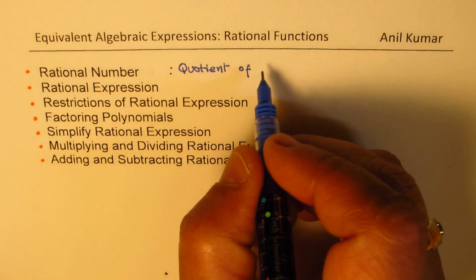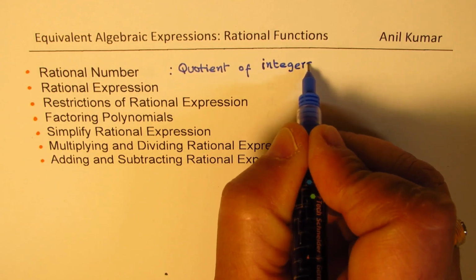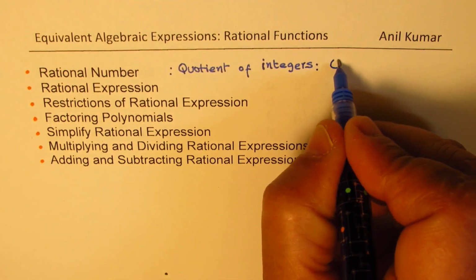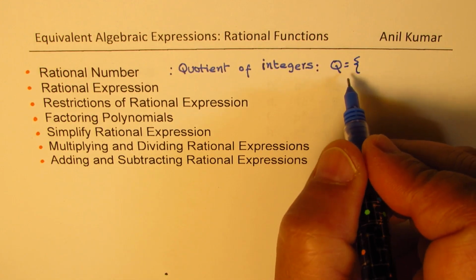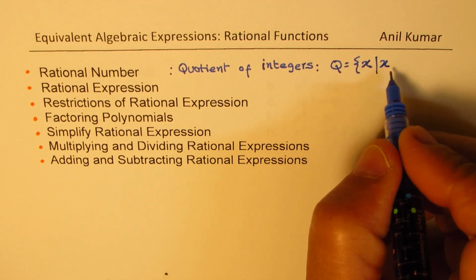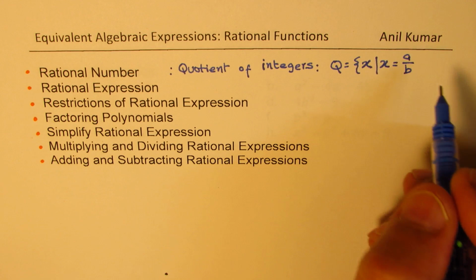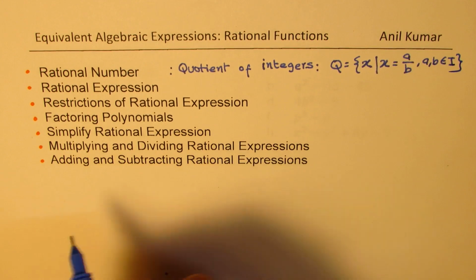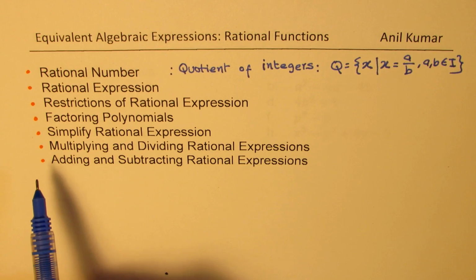So you can say that the set of rational numbers Q is the set of all numbers x of the form a over b, where a and b are integers. That is how you can define rational numbers.